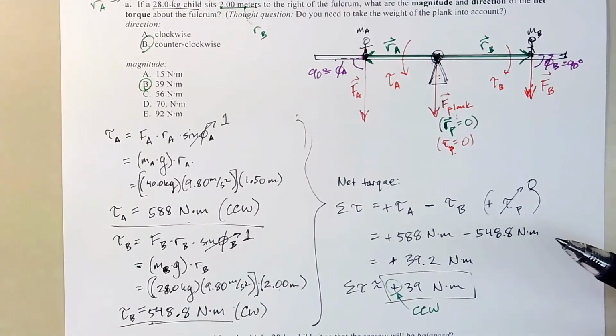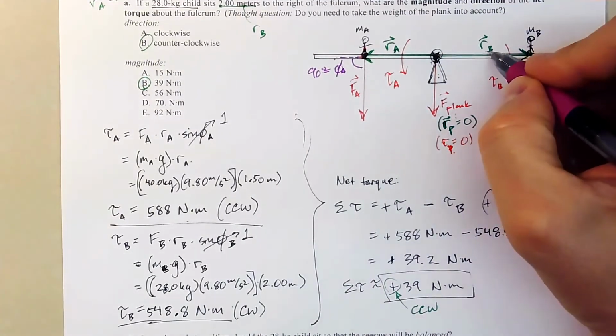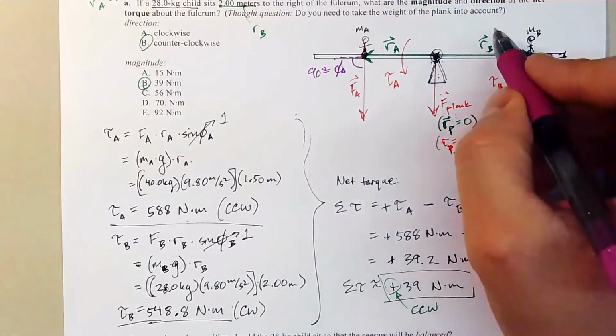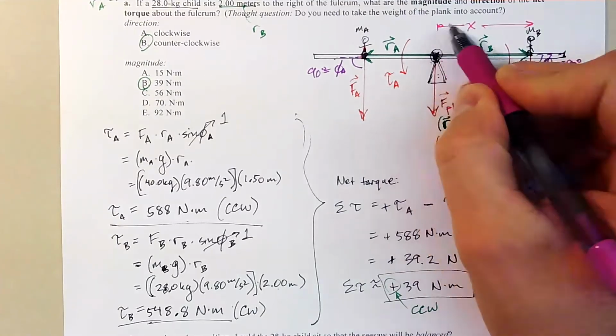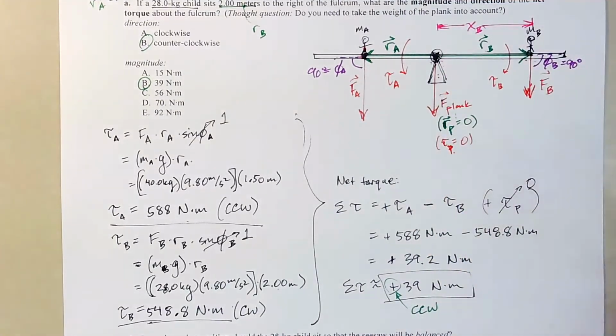Let's find out what the new position is supposed to be for child B. One way we can do that is, instead of saying that this distance here is 2 meters, we'll say that this distance is unknown. We could just call it RB.